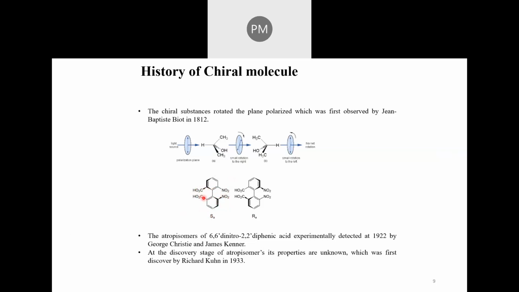So this is axial chirality. Axial chirality was first developed by George Christie and James Skinner, the discovery of atropisomers. This type of axial chirality is called atropisomerism. Its properties were first discovered by Richard Kuhn in 1933.